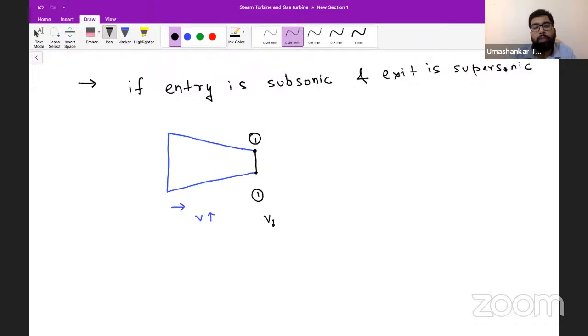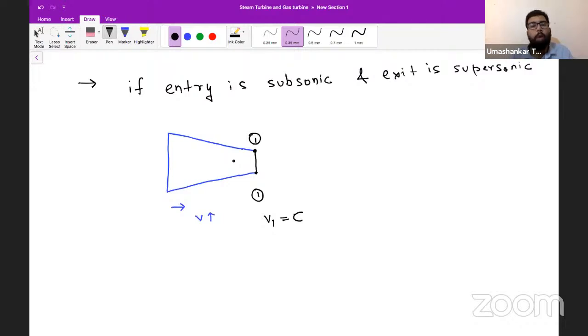At this point, v1 is equal to c: the velocity of the fluid becomes equal to the velocity of sound. As we have established, if I further converge the section, the velocity will not increase.